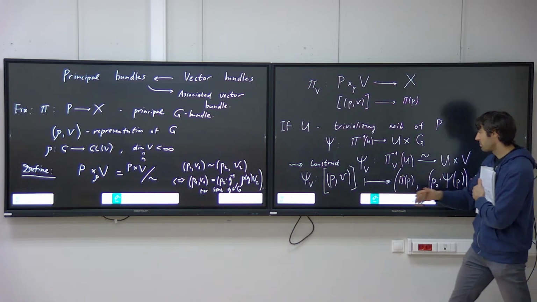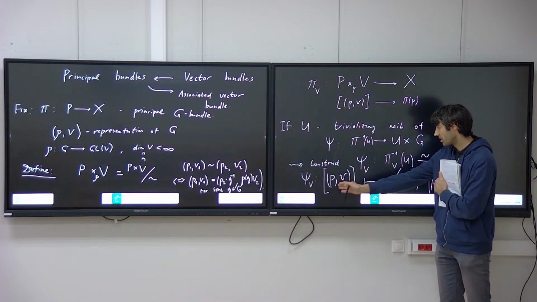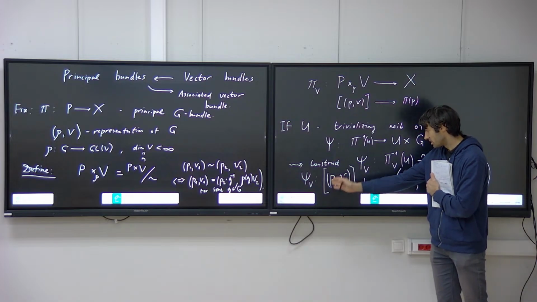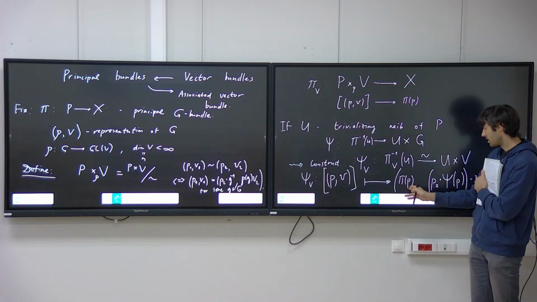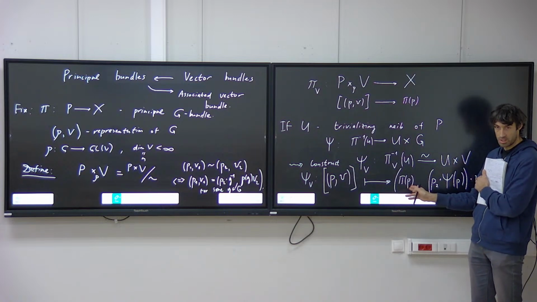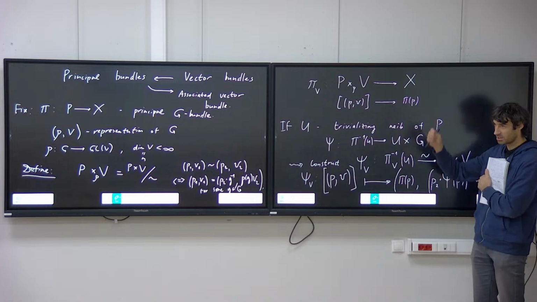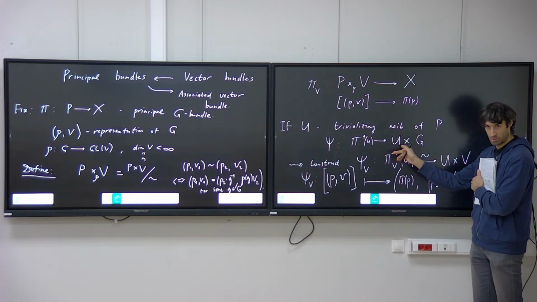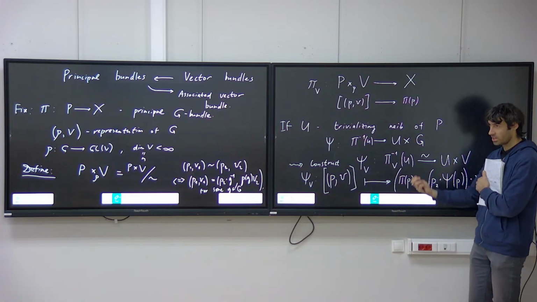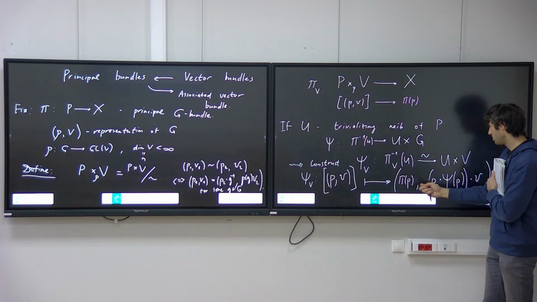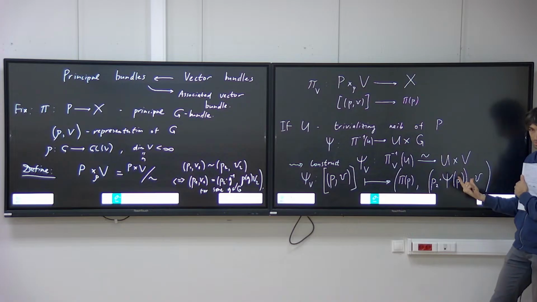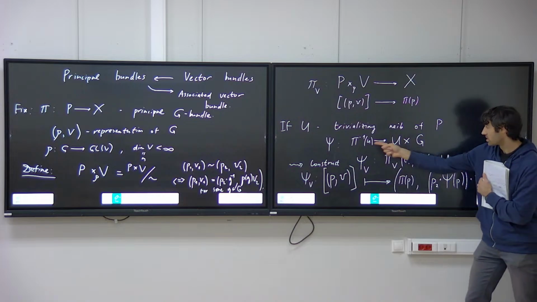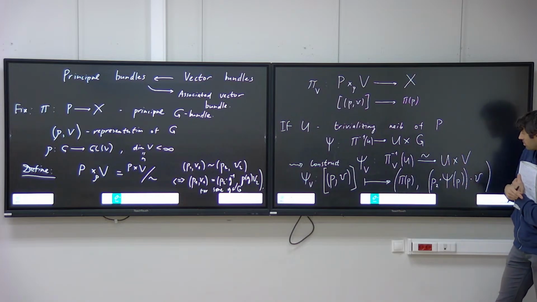Anyways, p is in the fiber at the top of the point pi of p. So I'm forgetting which exactly the point in the fiber is, taking a point in X only. But then I'm going back to the point p, this information about where my p was, I'm extracting from this diffeomorphism.